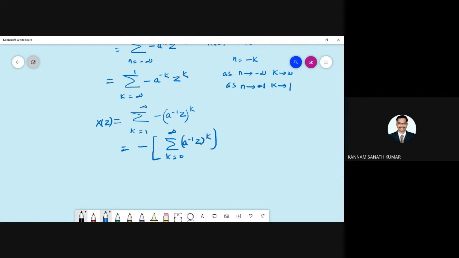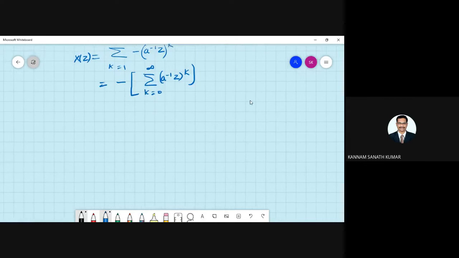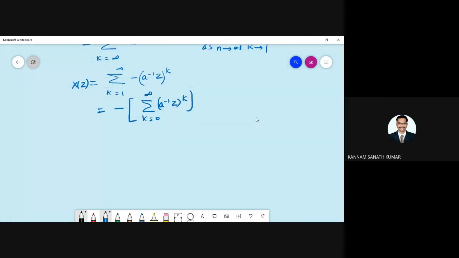So for this equation, what I am doing, I am adding and subtracting with minus 1. Okay. So minus 1 plus summation k equal to 1 here, not 0, k equal to 1 to infinity, a power minus 1 z whole power k, minus 1.